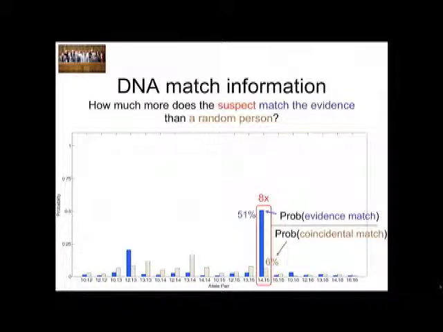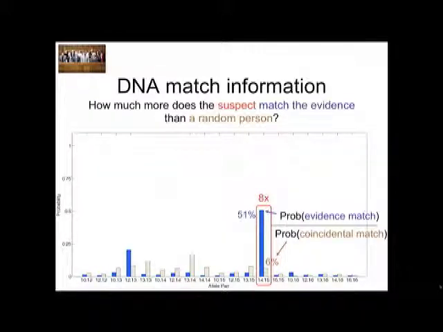So what you're seeing as the new brown bars next to the blue bars are the probabilities of a randomly selected person from the population having this genotype. And there are about 100 different values. I'm only showing about the 15 that correspond to the evidence genotype.